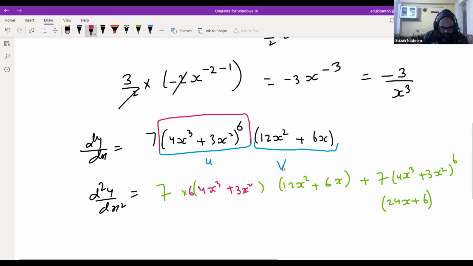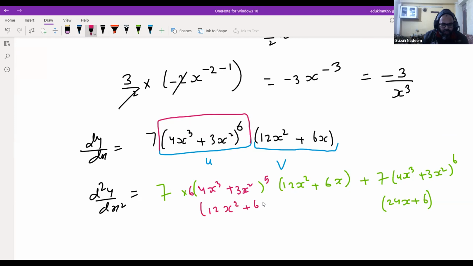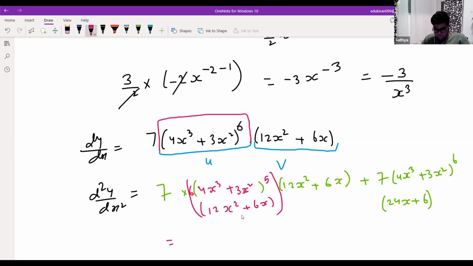That will be 5. And then by chain rule, you will differentiate the inside one. That will be 12x squared plus 6x. So this is the whole differentiation of u. Not just 12x squared plus 6x.